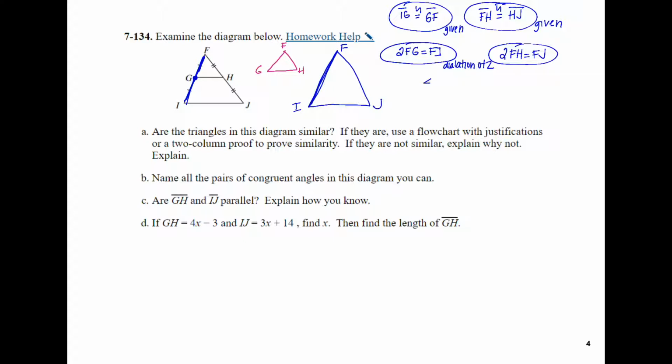I know that angle F is congruent to angle F, and I can prove that because it's a shared angle. So based upon that information, I can conclude that by side angle side similarity, triangle FGH is similar to triangle FIJ.